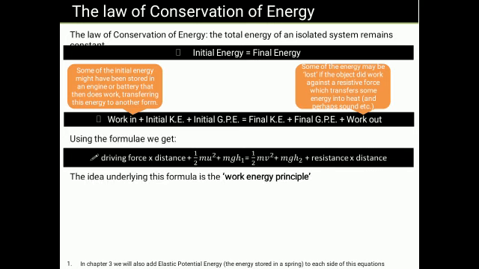Using the formula, the work done on the particle is calculated from conservation of energy: force into distance plus half into mv square plus mgh1. Work is the driving input, the initial kinetic energy is half into mv square, and the initial potential energy is mgh1. This equals the final half mv squared, the kinetic energy, plus mgh2, the potential energy, plus work done against resistance over the distance.